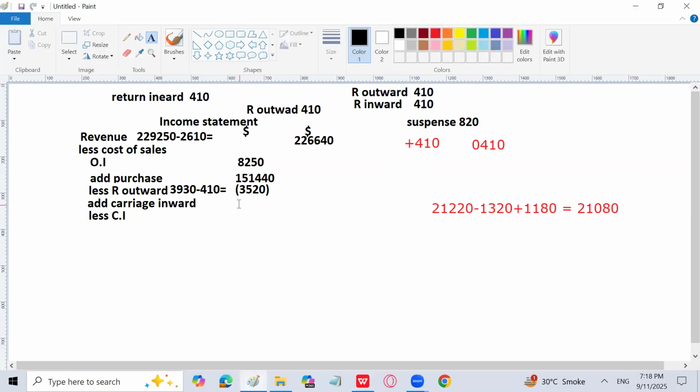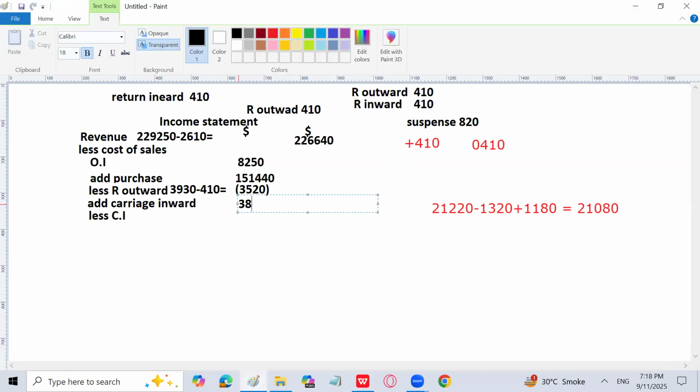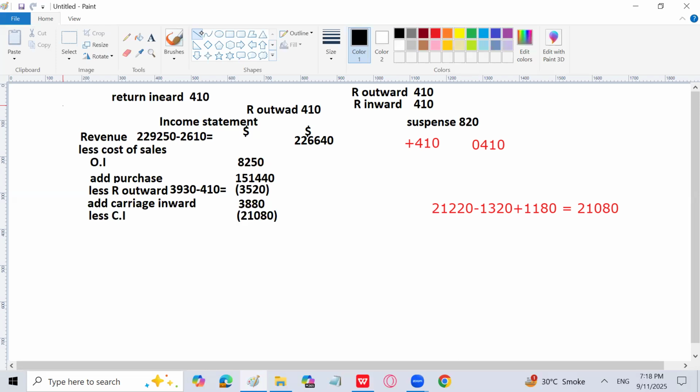So I will write here 3880. And then I will subtract the closing inventory, which is also with us. We have calculated the correct amount 21080 according to the cost or NRV, whichever is less. So we'll get the cost of sales, 138970.